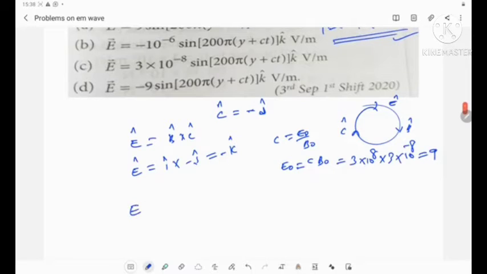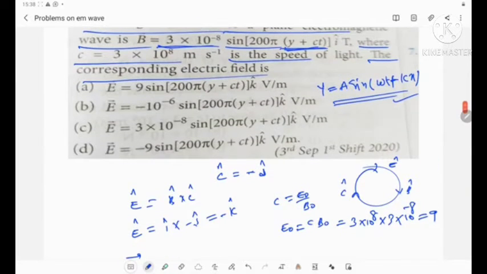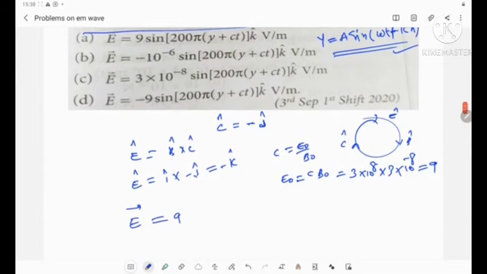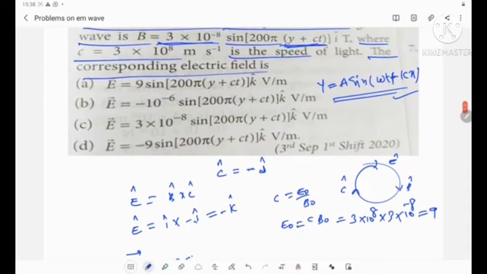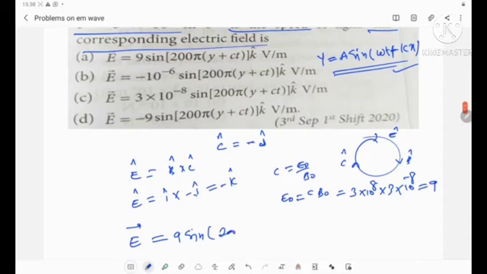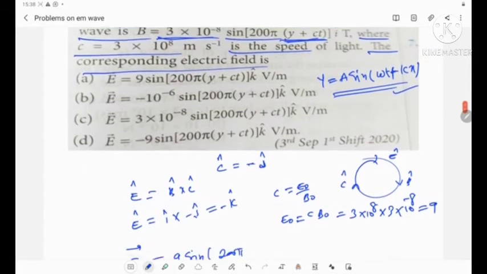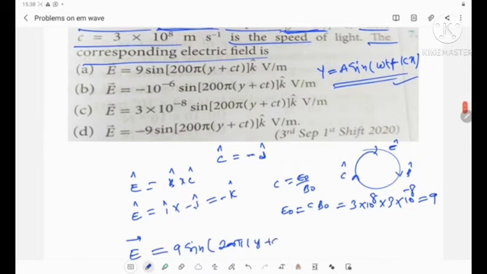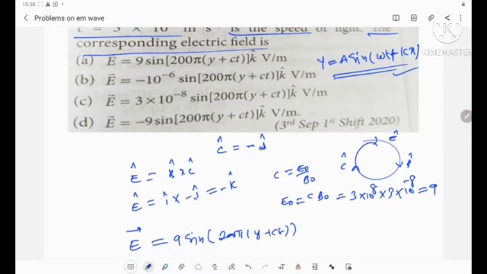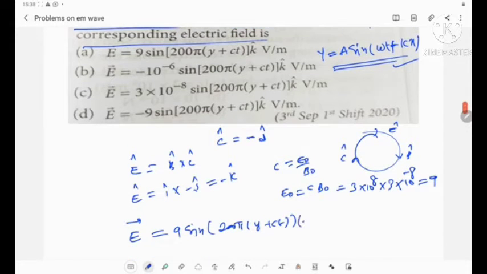Therefore now E bar has magnitude 9, and it is sine, same as B, sine 200 pi into y plus ct, but its direction is minus k cap.